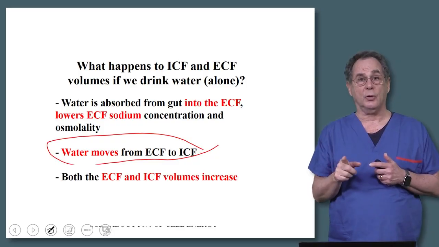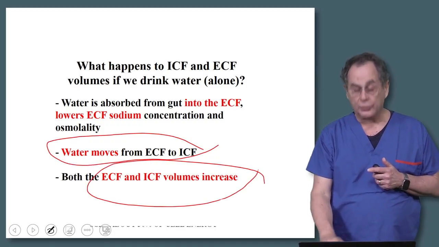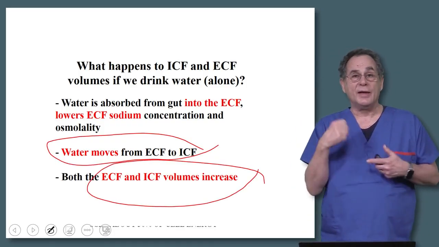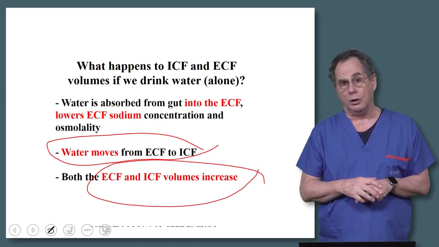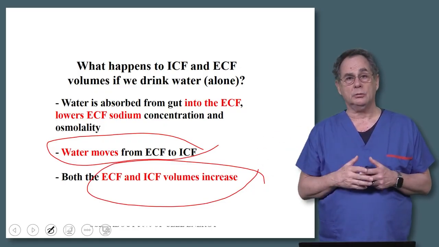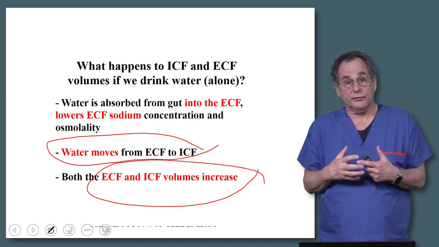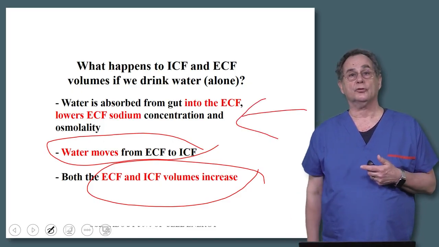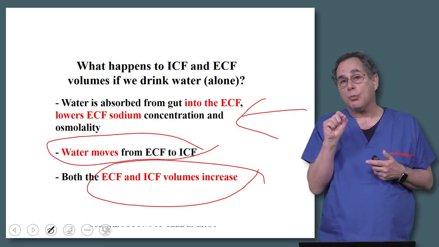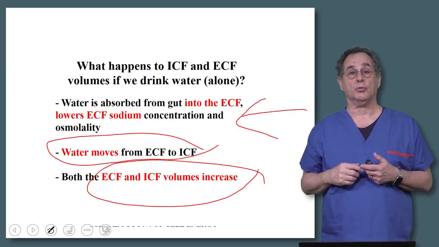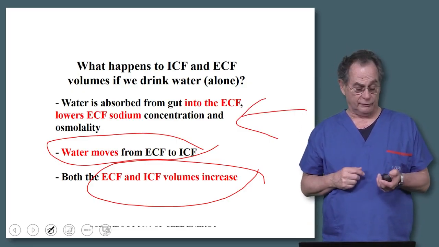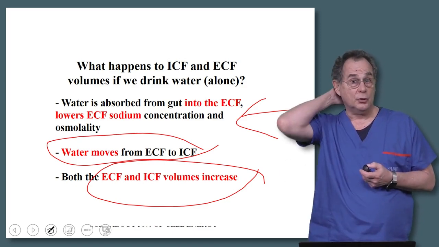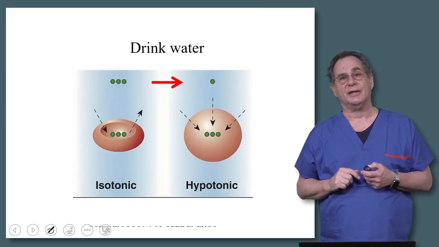And as a consequence, both compartments will increase. So as this marathoner is jogging along and drinking water, that water will serve to increase the extracellular fluid space. Of course, that dilutes the sodium there, but because water will move across, both compartments will increase, and her intracellular fluid compartment will increase. So let's remember that when we come back to the case.